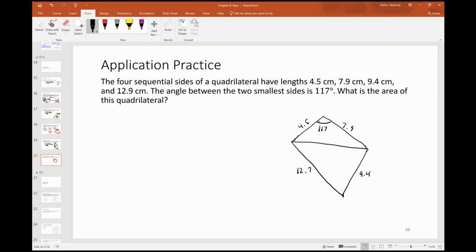The reason I'm doing that is because I know this angle, and that's going to make this top triangle easier to work with. So the approach I think we need to take here is find the area of the top triangle, the area of the bottom triangle, and add them together. Now the formula for the area of a triangle is 1/2 times the base times the height of the triangle.